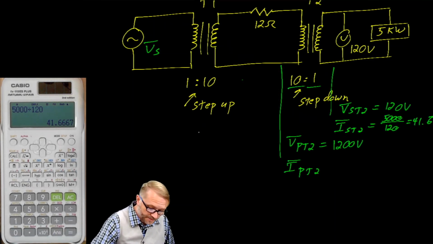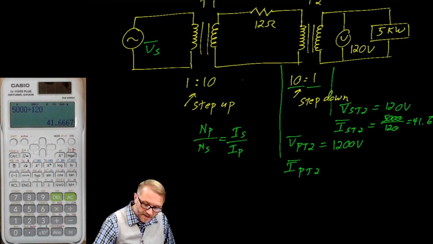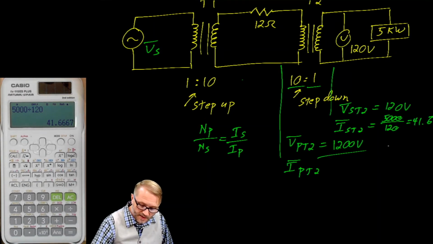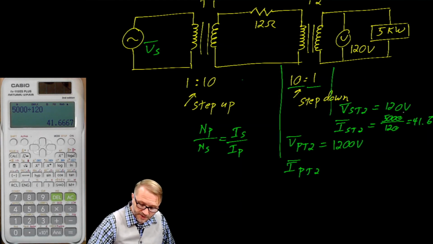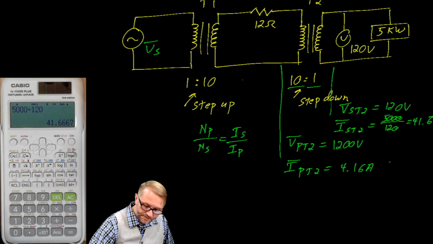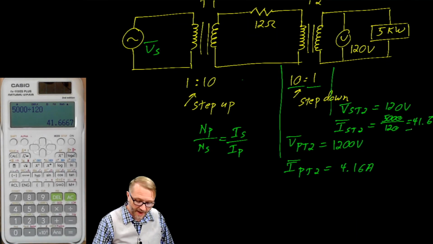But remember, the current is upside down relative to the turns ratio. We talked about number of turns in the primary, number of turns in the secondary, and this was the current in the secondary and the current in the primary. So while the voltage goes from 1200 to 120, the current's going to go the opposite way. The current would go from 4.16 amps to 41.6 as it goes through the transformer.